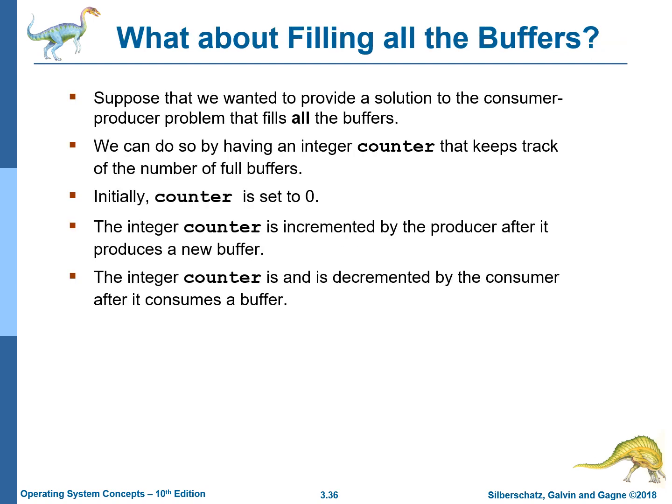Well, what about filling all the buffers? Suppose that we wanted to provide a solution to the producer-consumer problem that fills all the buffers. We can do so by having an integer counter that keeps track of the number of full buffers. Initially, counter is set to 0. The counter is incremented by the producer after it produces a new buffer, and decremented by the consumer after it consumes a buffer.